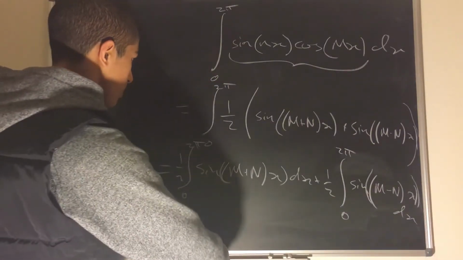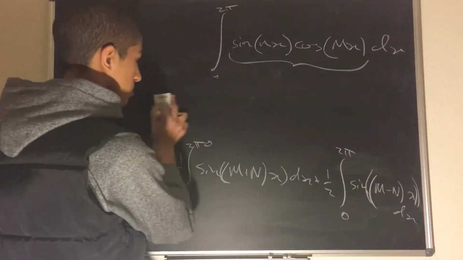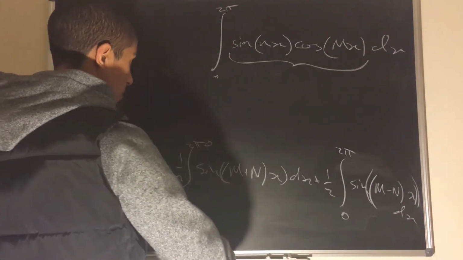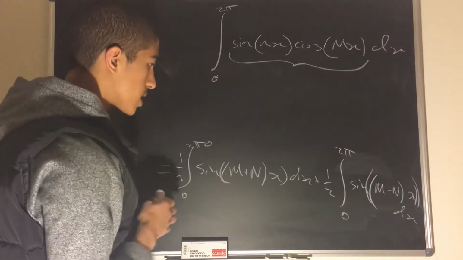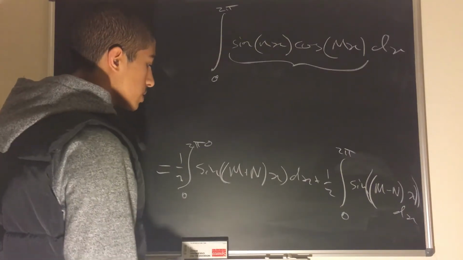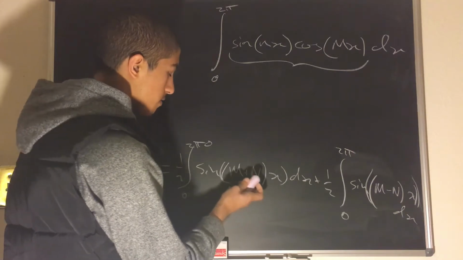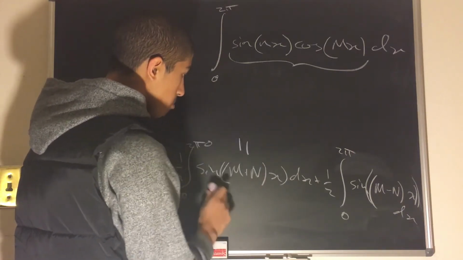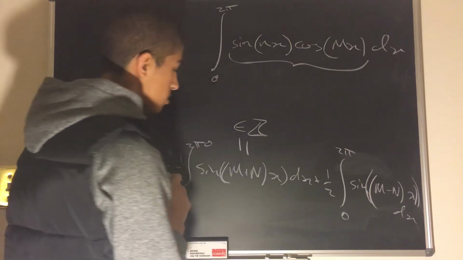Yes, so very well. I can erase this now. I'll rewrite the 0. Okay, so now we have two separate integrals, which are very easily evaluated because m and n are both integers, as we remember defining them to be. So m plus n must also be an integer.